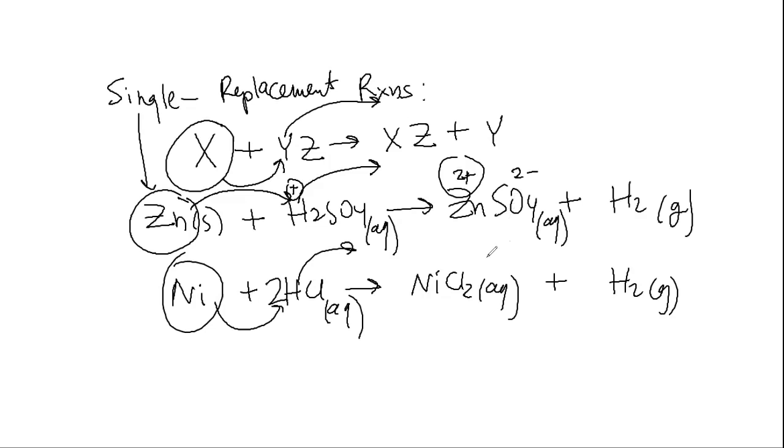Now, one more reaction, guys, well, actually a couple more I want to mention here, is what's called a double replacement reaction, sometimes also called a double displacement reaction. All right, let me just write it down. Double replacement reactions.